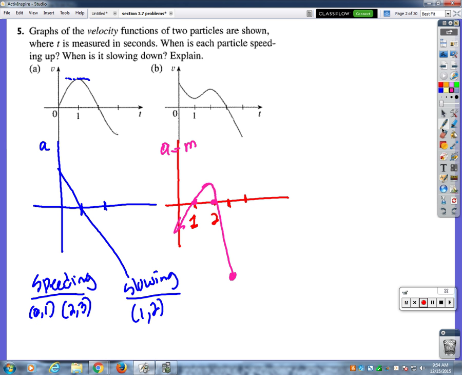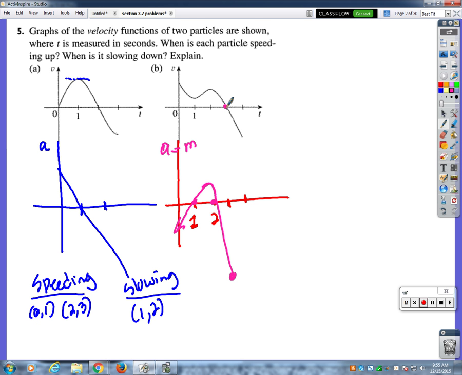Here's what's happening with the velocity. This is your velocity, right? So this way is positive, that way is negative. From 2 to 3 seconds, I'm going this direction, and then at 3 seconds, I come to a stop.